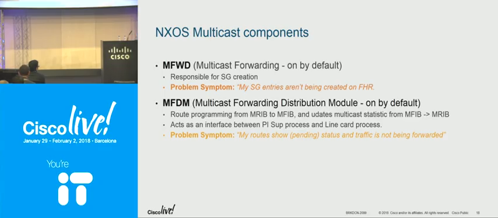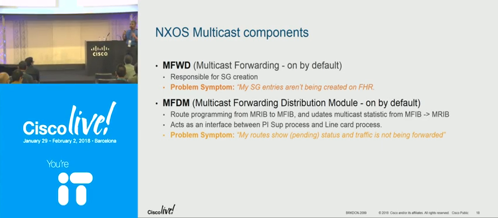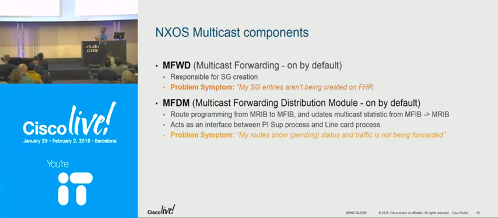And from the point of view of the switch connected to the receiver, this component is responsible for creating the S comma G state entry when we receive a data stream on the shared tree. So there are different trees, like the shared tree and the shortest path tree. When we receive traffic on a shared tree, we create an S comma G state entry and then build the shortest path tree. So this is the component that is responsible for creating those state entries.